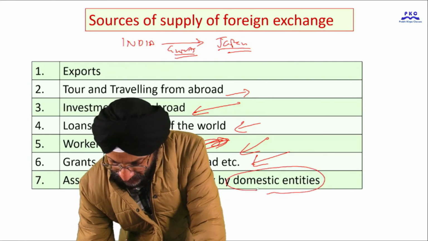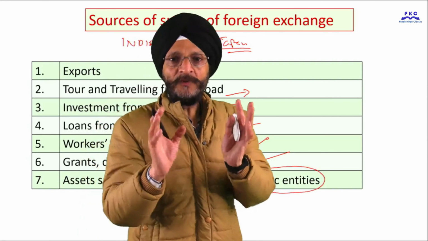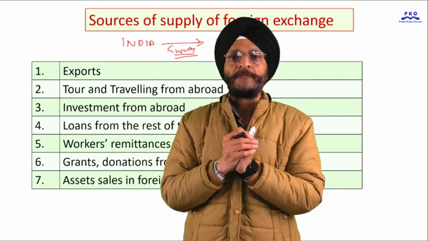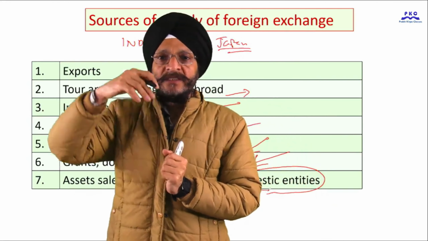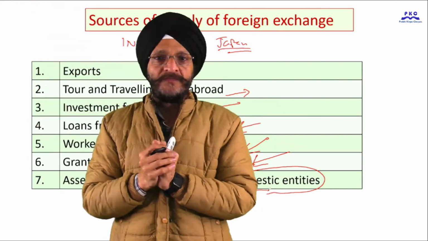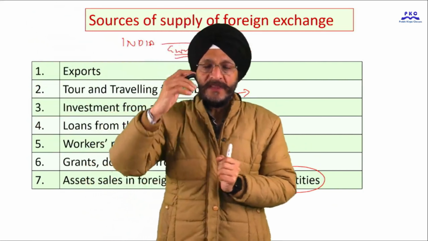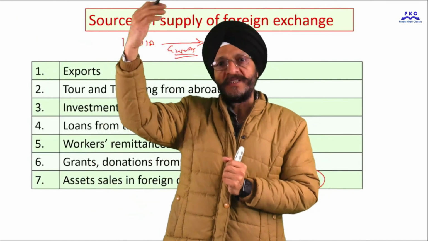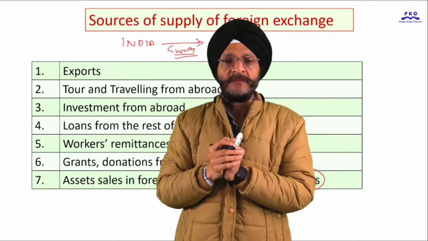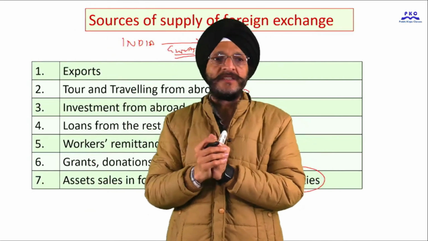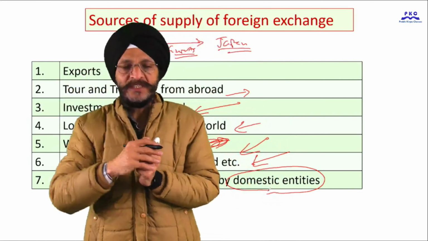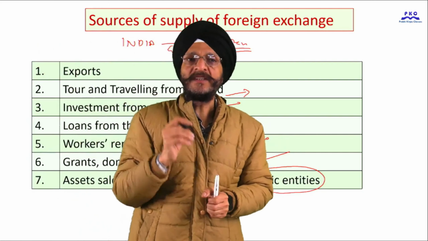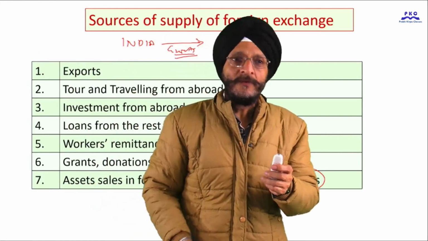It is quite possible that some of our business houses may be having certain properties abroad. When they sell their properties or businesses abroad, they will receive foreign currency. So when there is an asset sale in a foreign country by domestic entities, it may result in the supply of foreign exchange.